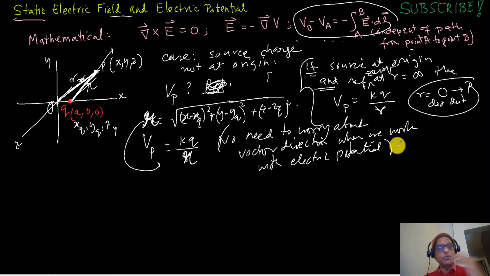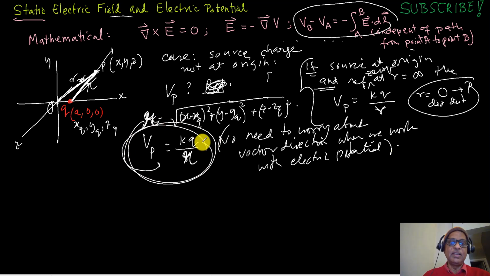There's no Gauss's law for electric potential. Gauss's law is for electric field. So there's a little bit of difference in terms of what technique you'll use in what circumstances, but in most cases electric potential is way easier to deal with, because a lot of the time you are thinking in terms of energy, and electric potential is not energy, but gives the energy of something if I were to place a charge.